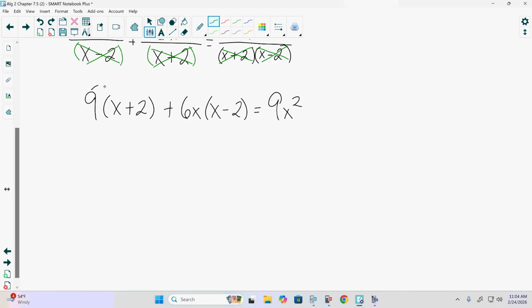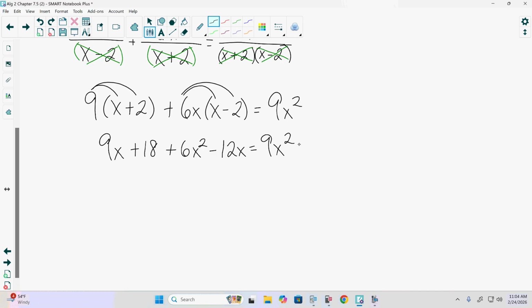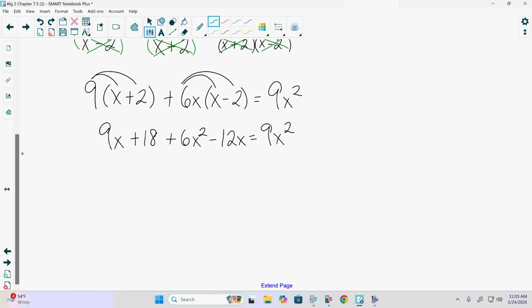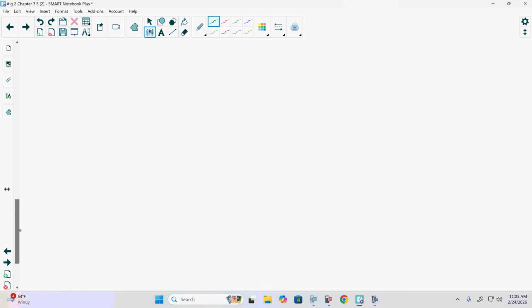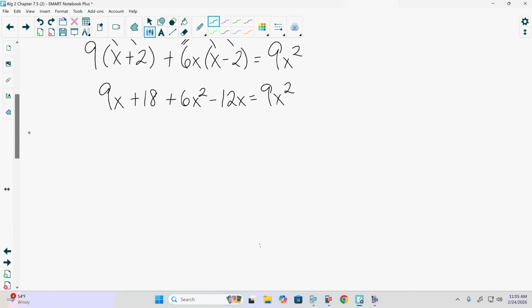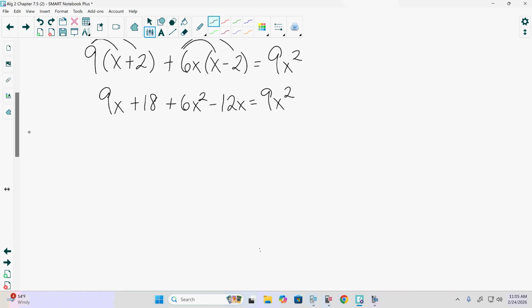And at this point, we're going to start simplifying. 9 times x is 9x. 9 times 2 is plus 18. 6x times x is going to be plus 6x squared. And 6x times negative 2 is negative 12x, is equal to 9x squared. There we go. Questions on how we got here?